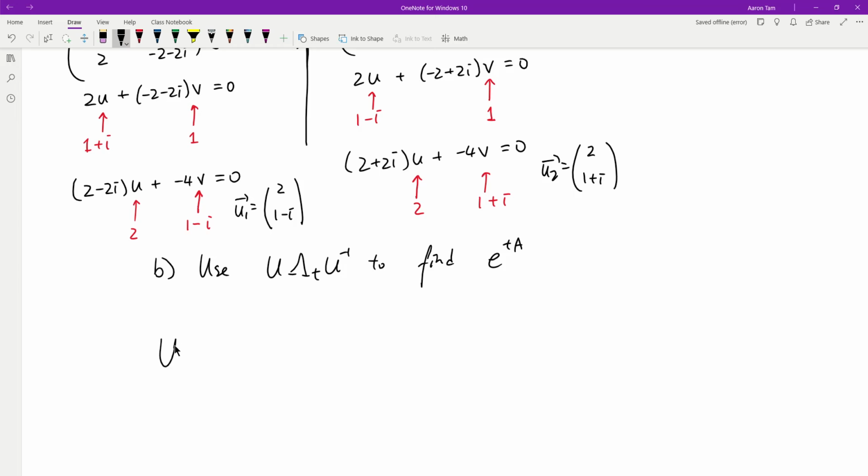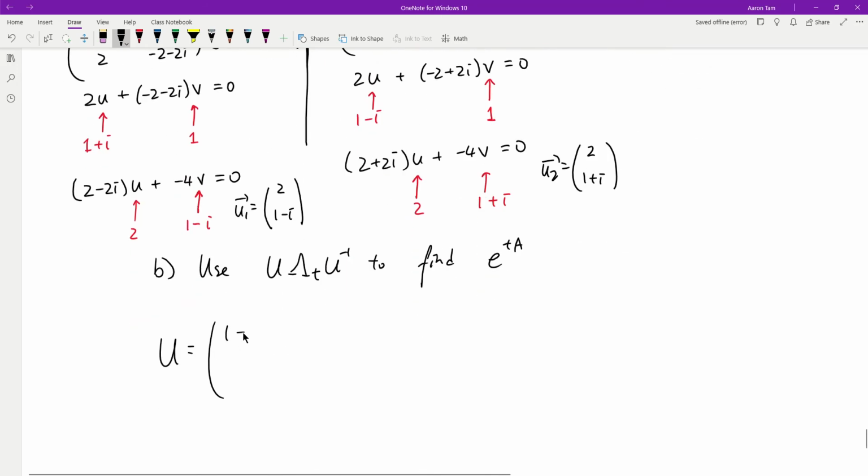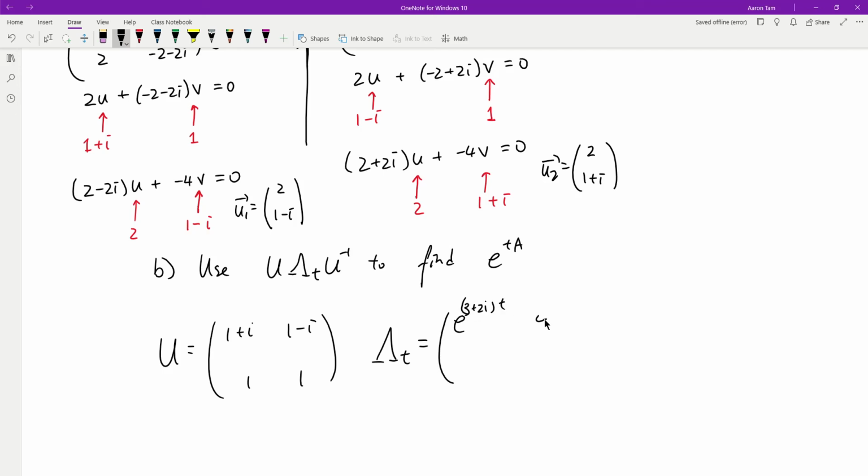So u for me would be, I'm going to use those that I boxed in, so 1 plus i, 1, and then 1 minus i, 1. Our lambda t would be e to the 3 plus 2i t, 0, 0, e to the 3 minus 2i t.